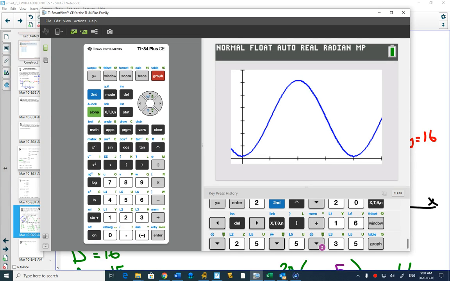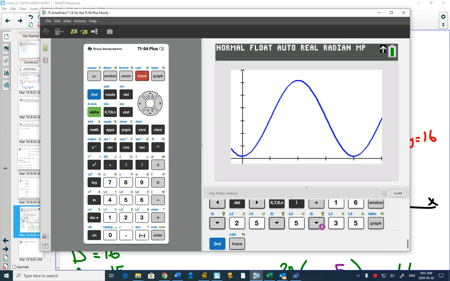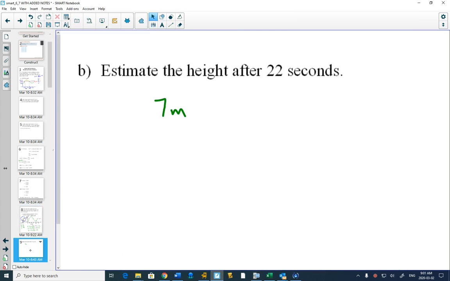Now to calculate a specific value, again, you go to second calculate. Number 1 is value, and you can just push 22 in. And it was only at 4 meters, so our estimate was off a little bit. But based on our graph, it was fine.